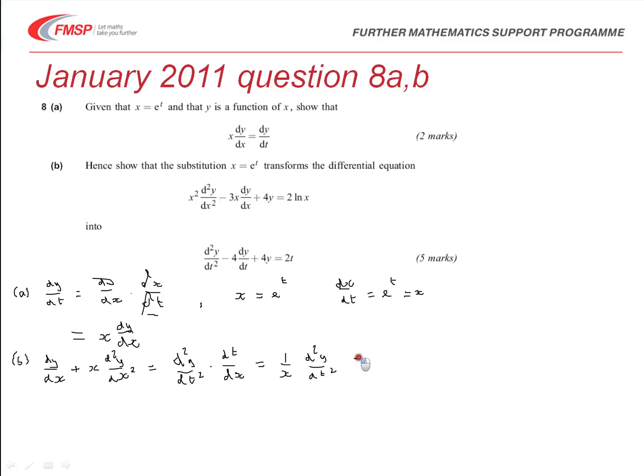And so if we rearrange this, this tells us that x d2y by dx squared is equal to 1 over x d2y by dt squared minus, and we're taking this dy by dx across to the other side over here.